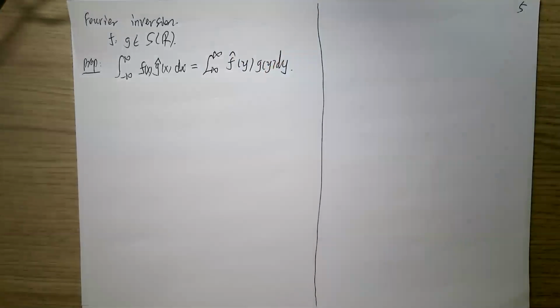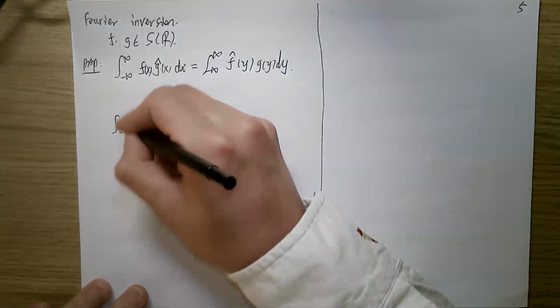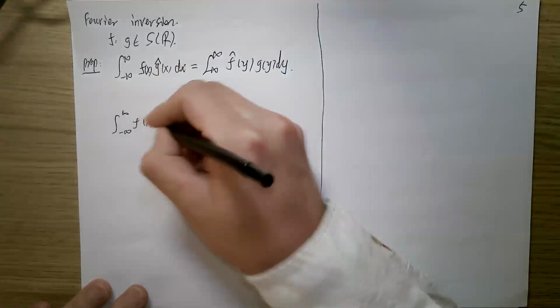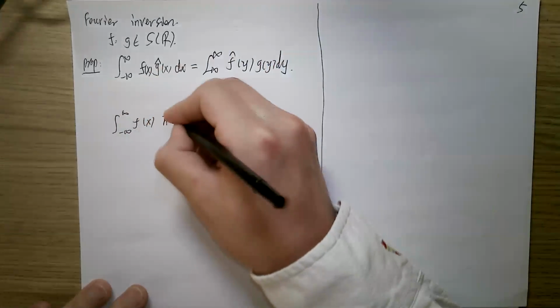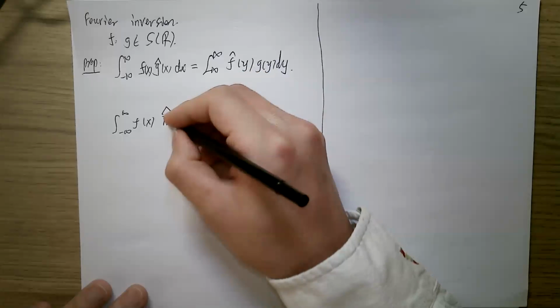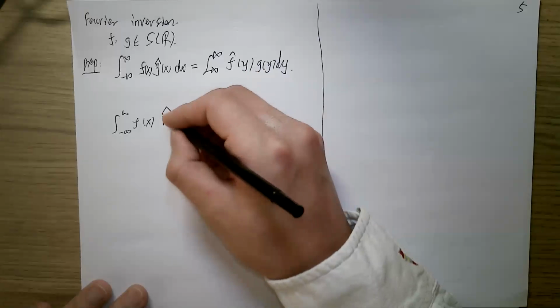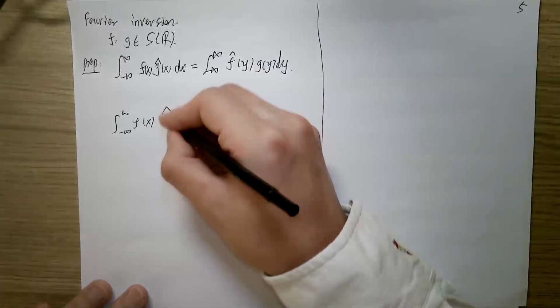Okay, if you still remember, this is basically saying that if we change this g to be some h hat, then what we will get is h bar. Actually, you can take either the bar first or the Fourier transform first.